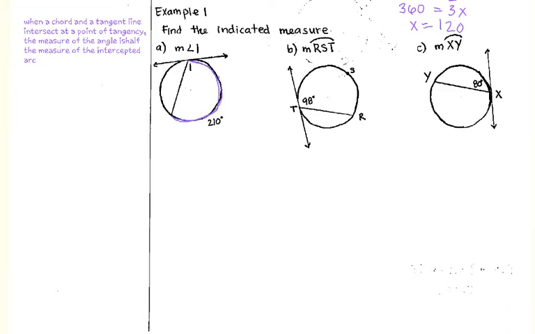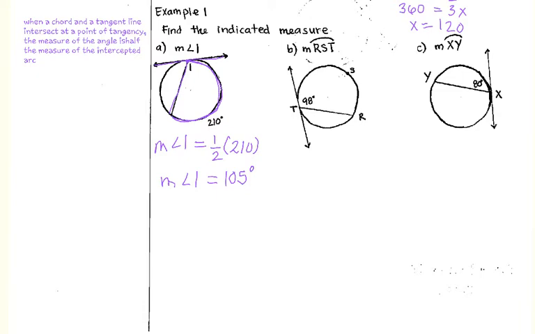We have this chord and this tangent line, and they intersect at this point of tangency. So, the measure of angle 1 is equal to 1/2 the intercepted arc, which is 210. We solve this. The measure of angle 1 equals 105 degrees.